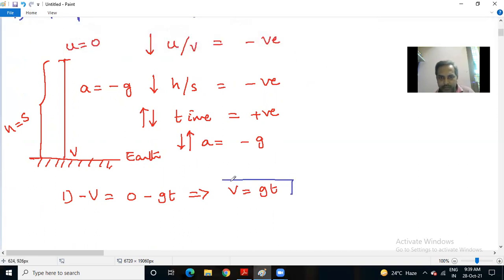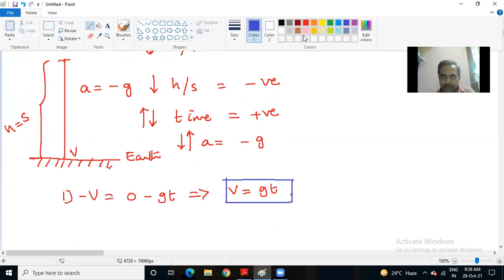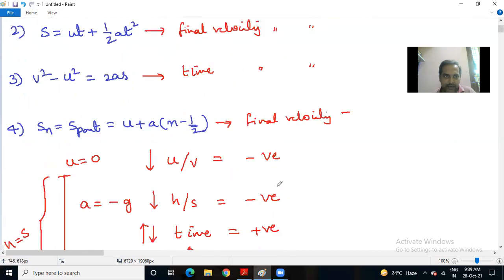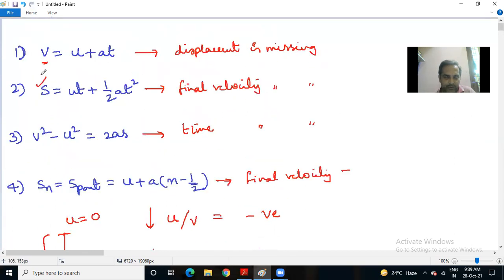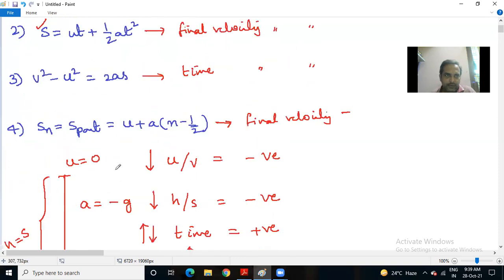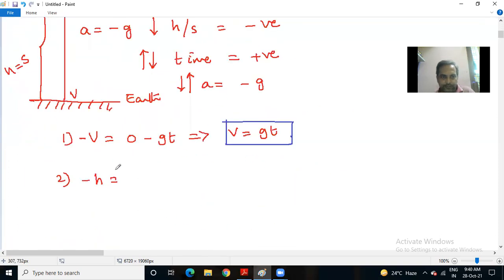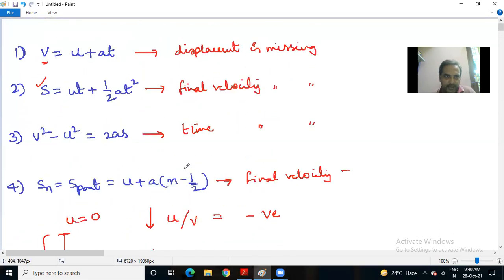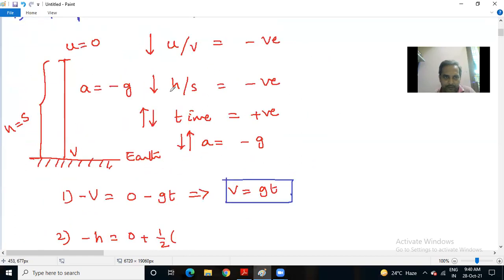Now, how second equation is turned for this situation, let us see. What is second equation? S equal to UT plus half AT square. Now S is turned as minus h. Since in the equation U is involved, U becomes 0. There is acceleration in second equation, so acceleration will become minus g.